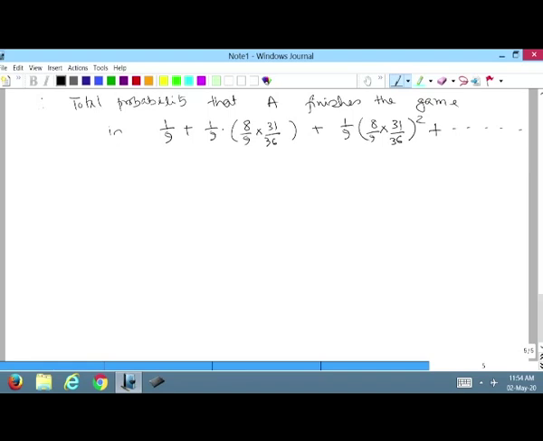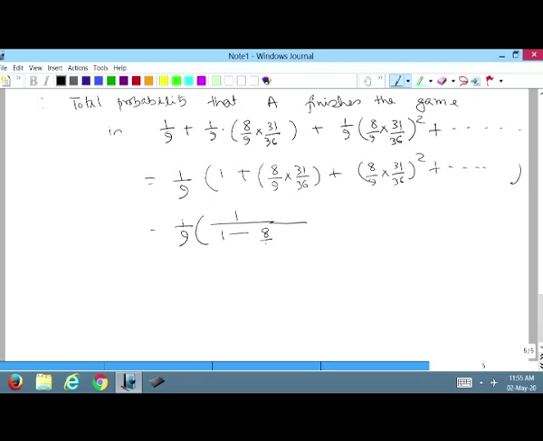As you can understand, this is going to be a GP series, equal to 1 by 9 into 1 plus 8 by 9 into 31 upon 36 plus (8 by 9 into 31 upon 36) whole square plus this infinite series, and we know that the sum of this series is 1 upon 1 minus 8 by 9 into 31 upon 36.